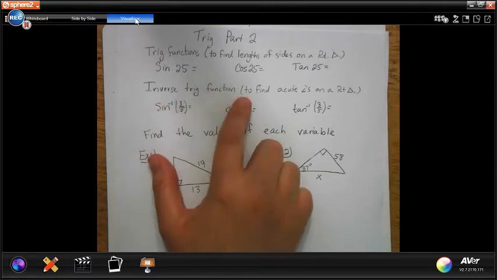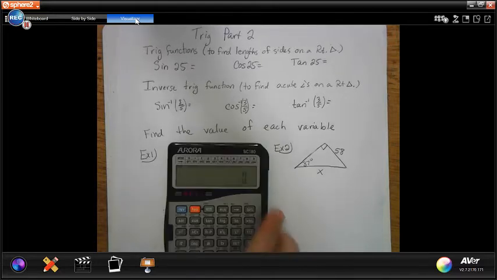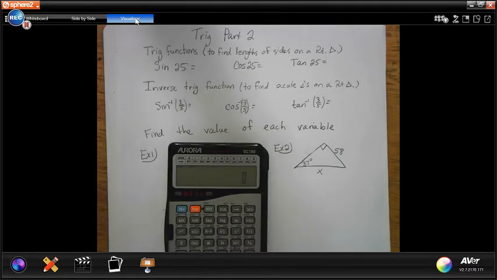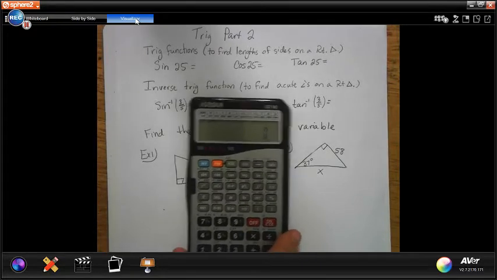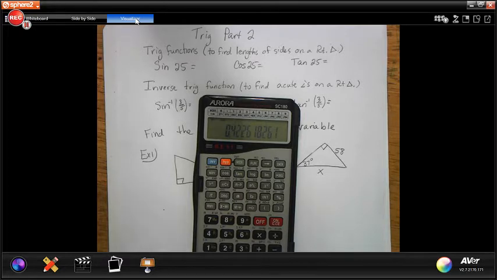And then what we're doing today, which is a little bit new, is inverse trig functions. Just to quickly show you how to find these: sine of 25, all you have to do is press the sine button, press 25, press equals, and you get a long decimal. Or if you have the iPhone type calculator, you press 25, then you press sine, and it should give you a decimal.